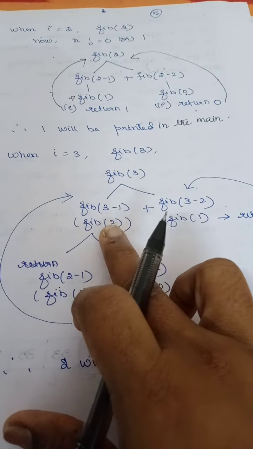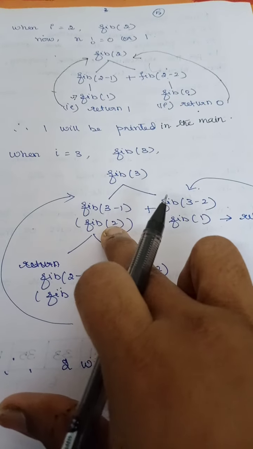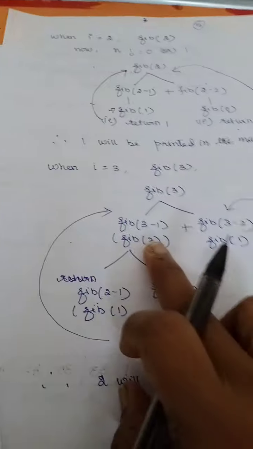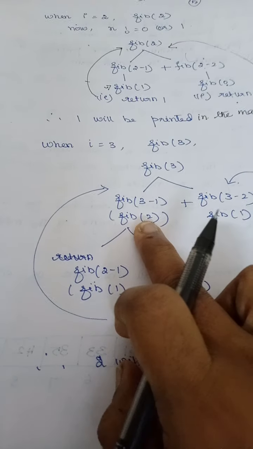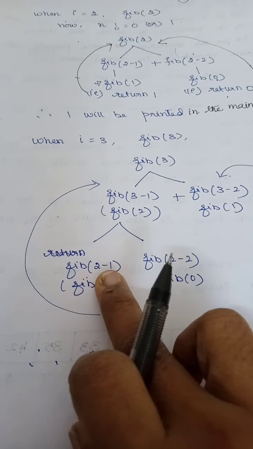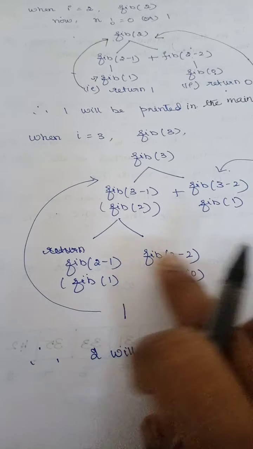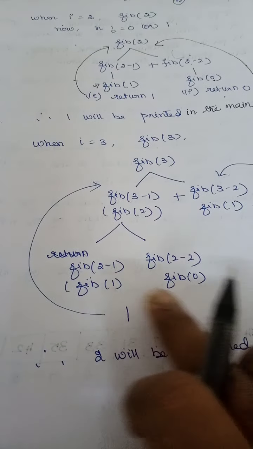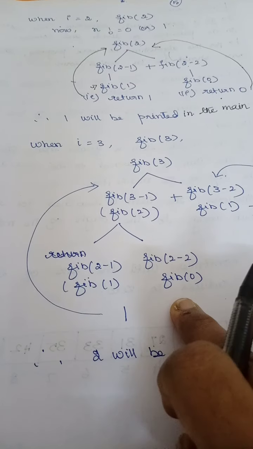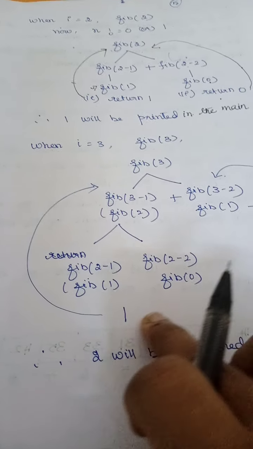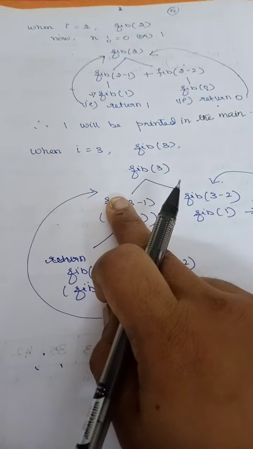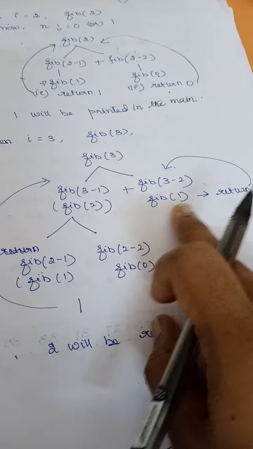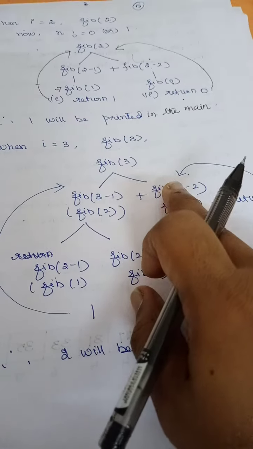3 minus 1 is going to be 2. So the 2 will be passed on to this function. Again I will repeat the same procedure. 2 means again I have to write n minus 1 and n minus 2. That is fib of 1 and fib of 0. This will return 1. This also returns you 0. So this return will go here.